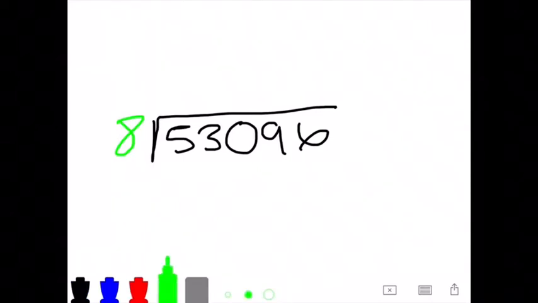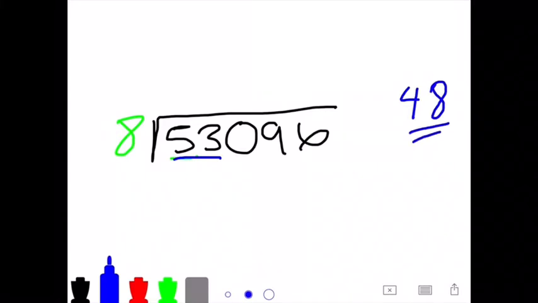Okay, so we're going to start with seeing 5. Does 5 go into 8? No, that's really clear. So that would be a 0. 8 divided by 53. Well, actually, 8 does go into 53, but it goes in only... 8 times?